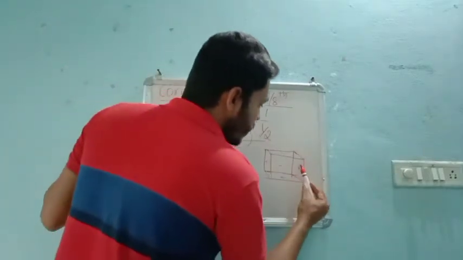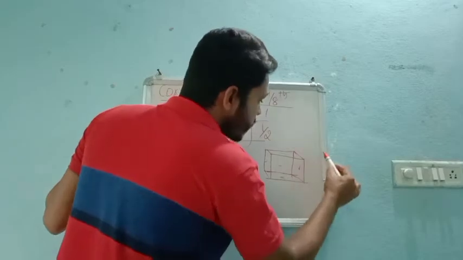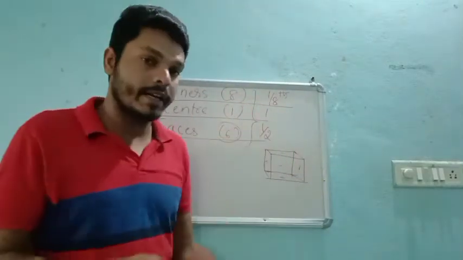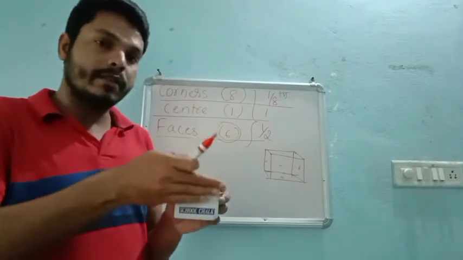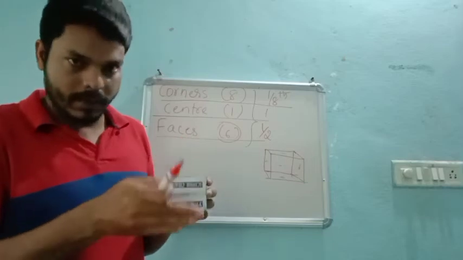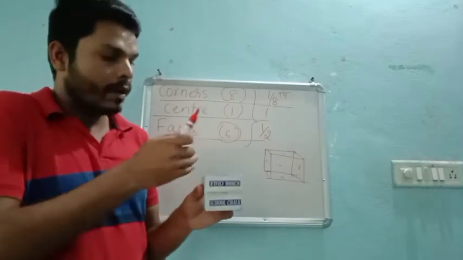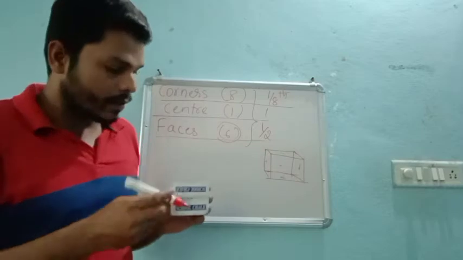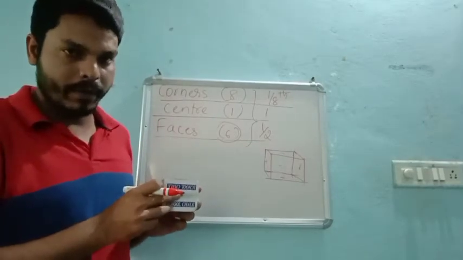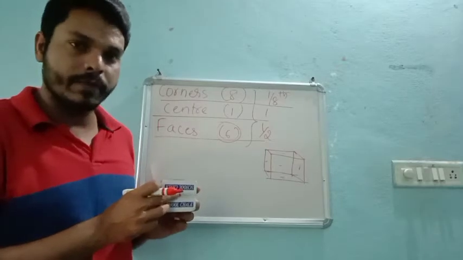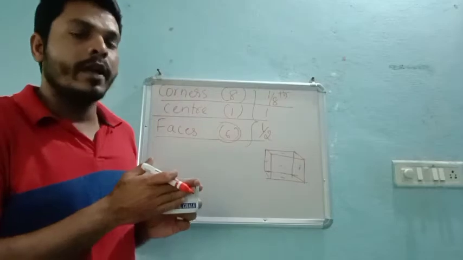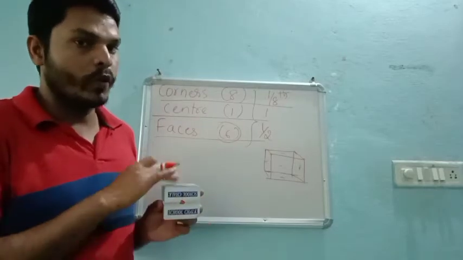So with the help of one face, I can construct one more unit cell on this side, or else this side, or the front side. Likewise, I can construct one cell on this side by taking this face. If the constituent particle is present exactly at the center of the face, then this face is separating two unit cells.